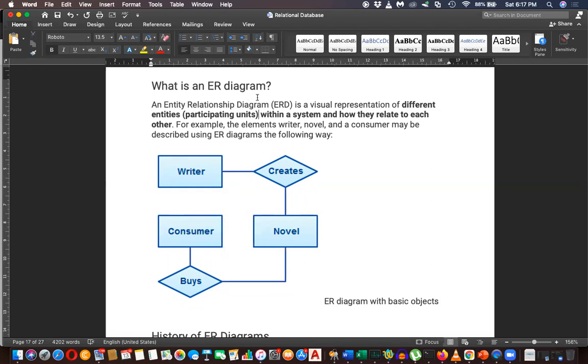So in an ER diagram, these are the entities, these square kind of things. The square or rectangle symbol represents an entity. These entities will become tables in the database. And these relationships are the foreign key primary key relationships.